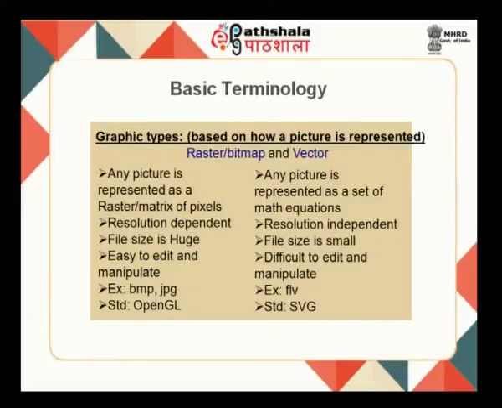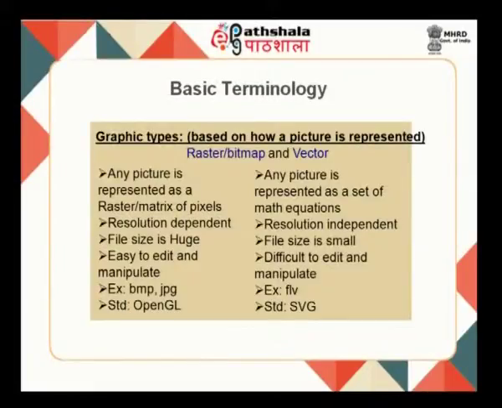The next important thing to be understood is the graphic types, based on how a picture is represented. Most of us have experienced these, and we do not generally find a difference between the graphic types; we just take it for granted. Actually, a picture can be either a raster graphic or a vector graphic.